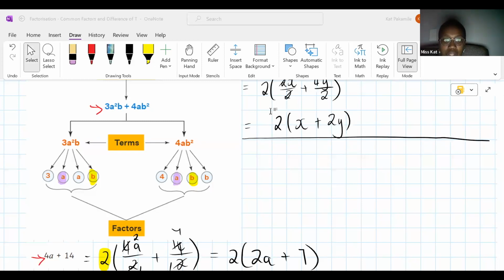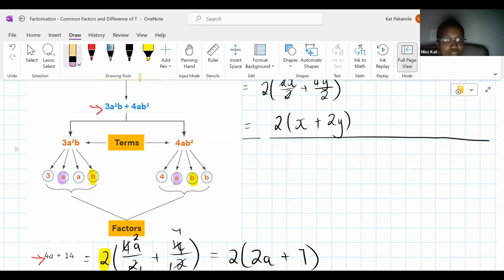Okay, let's do a last one. Actually, no. Let's try this one on the side here. We've already identified the common factor. Our expression here on the side, we never factorized it.